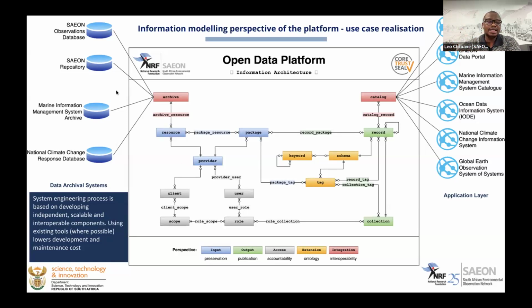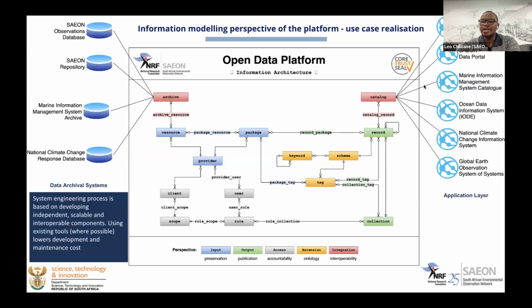So as you can see, next on this side of the archive, we run different data archival systems, 2 of which are internal to SAON, and then some are external for South African government departments.